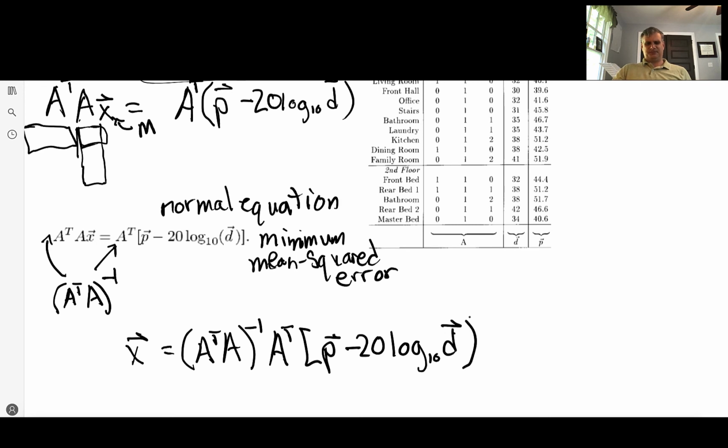subtracted out. And there it is. That's the solution. So if you have a bunch of data points here, then you can plug them in, calculate your data, and then do A transpose A inverted times A transpose, and you'll get the best possible solution, the one that minimizes the mean squared error between prediction and measurement, at least prediction and these measurements, whatever you've taken for this particular environment.